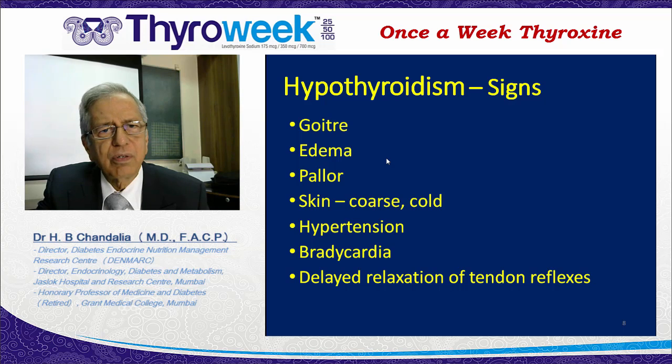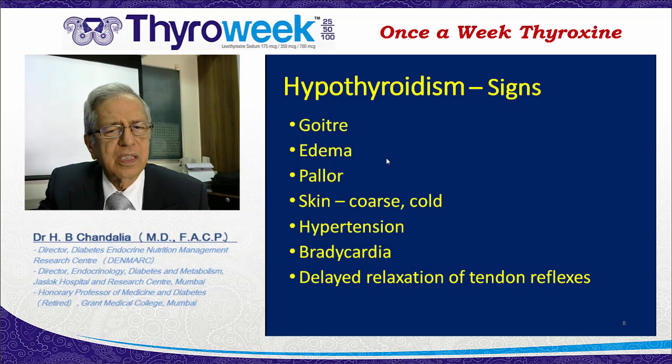Now, passing on to some signs besides the thyroid enlargement, that is goiter, there can be edema and a peculiar pallor, which is partly due to anemia and partly due to hypercarotinemia, which occurs in these people. The skin is dry and coarse, and of course, there may be increased blood pressure and a slow heart rate, and most importantly, what we all elicit very carefully in these people is delayed relaxation of tendon reflexes.